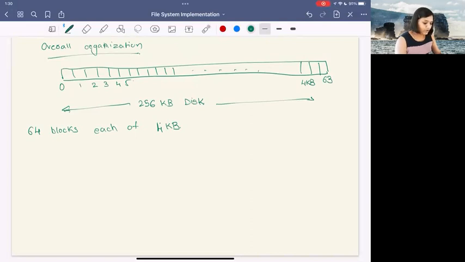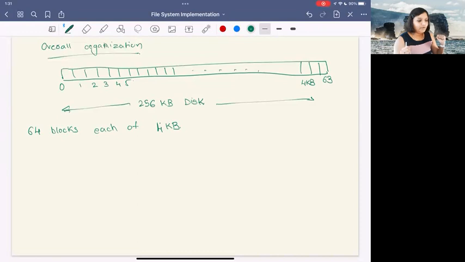But can we use all the blocks to store the data? Well, if we do that, then there is a big problem. Then how would we store the information about where what data is stored so that we would be able to go and retrieve that data whenever required? Do you think it makes sense if we use all the 64 blocks to store the data that matters to us? So making them data blocks, let's call it data blocks.